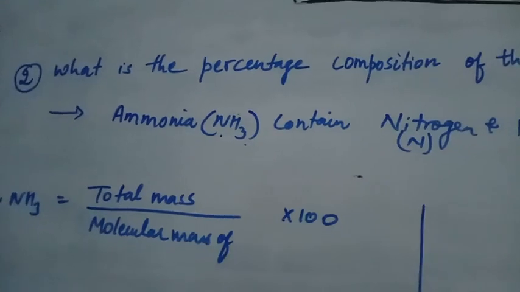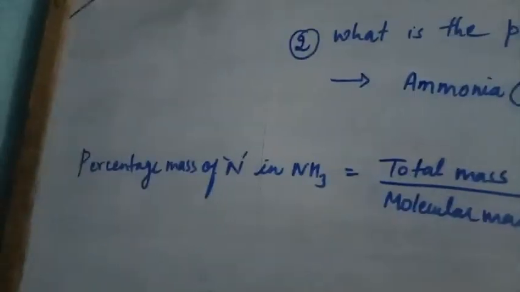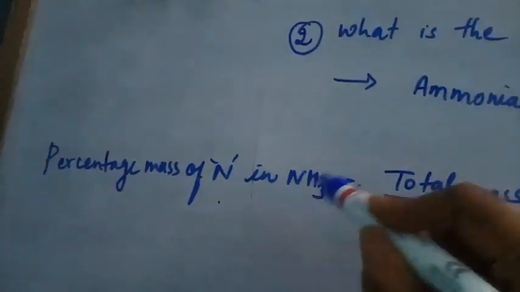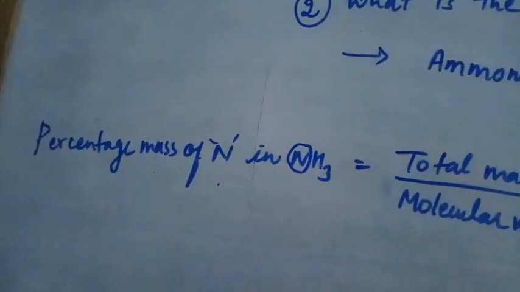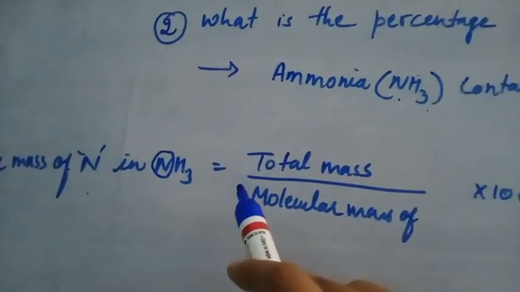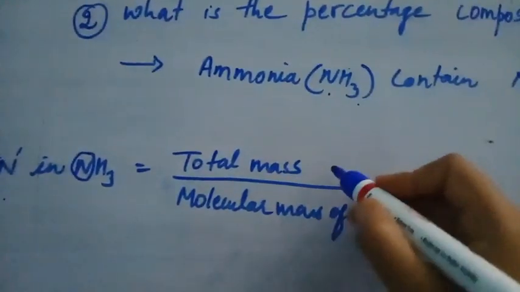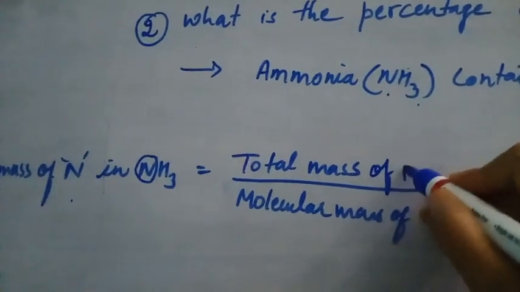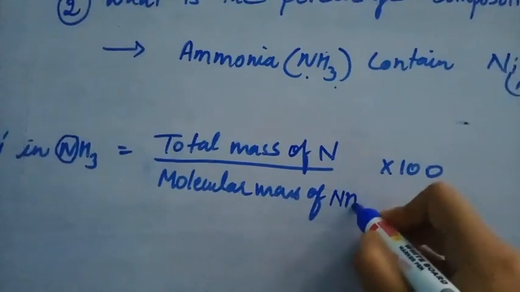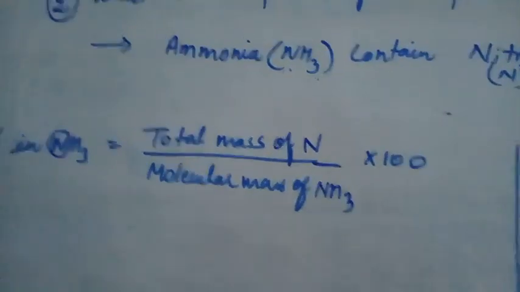So one by one we will calculate. First we will calculate the percentage mass of nitrogen in the compound ammonia, and it is equal to total mass of nitrogen divided by molecular mass of ammonia into 100.